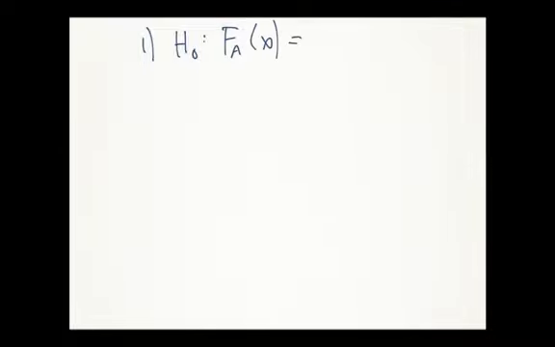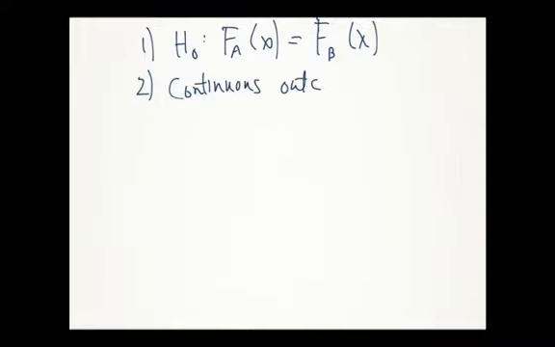Distribution in group A is equal to the distribution in group B. Okay, and then the type of data that we have is a continuous outcome with a dichotomous predictor.